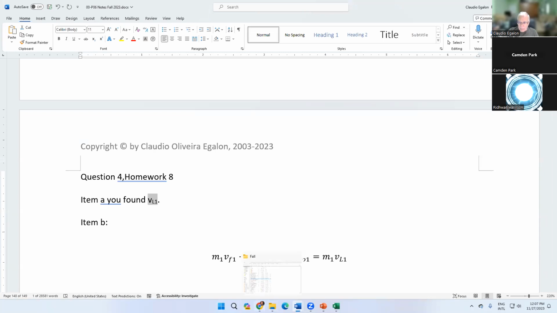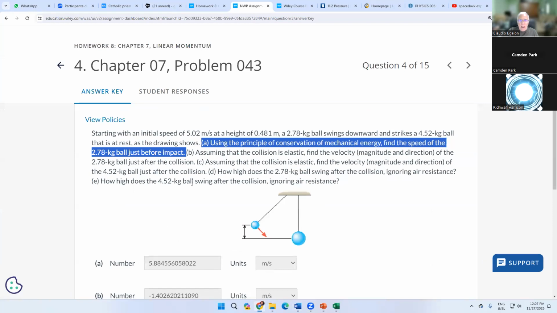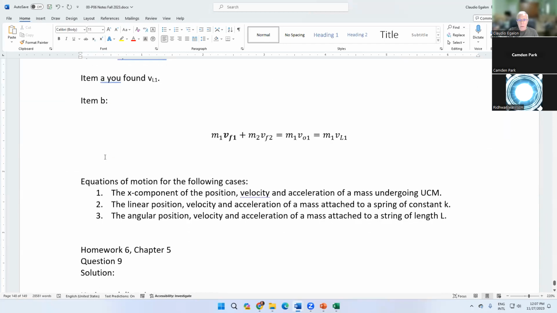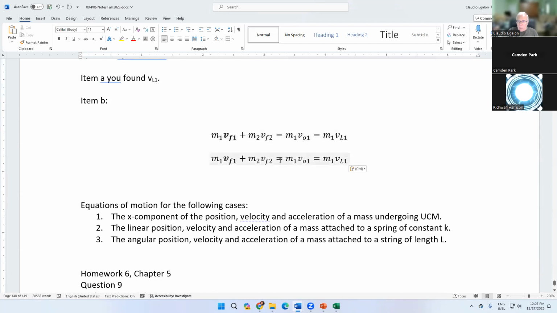So what did you want again? Let's go back here. The problem is asking to find the velocity, magnitude and direction of the 278 kilogram ball. So he wants this velocity here. Okay, so now it's gonna be like that.